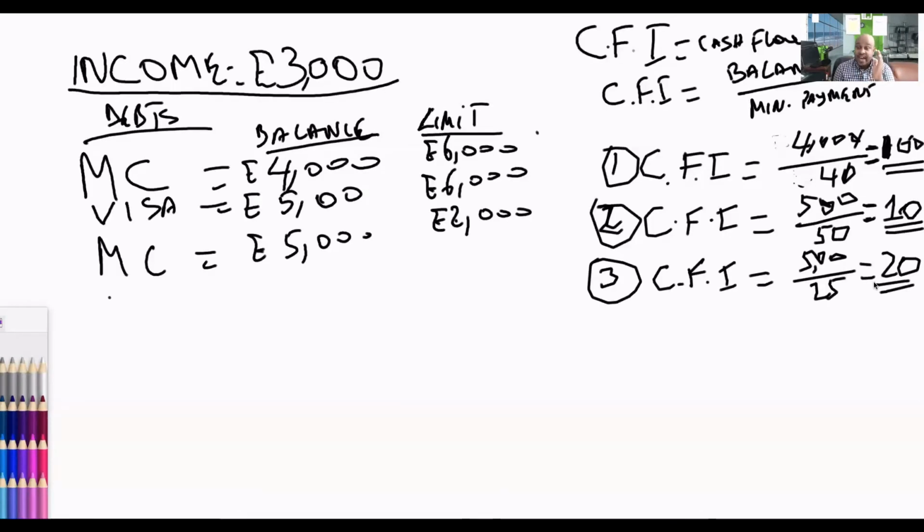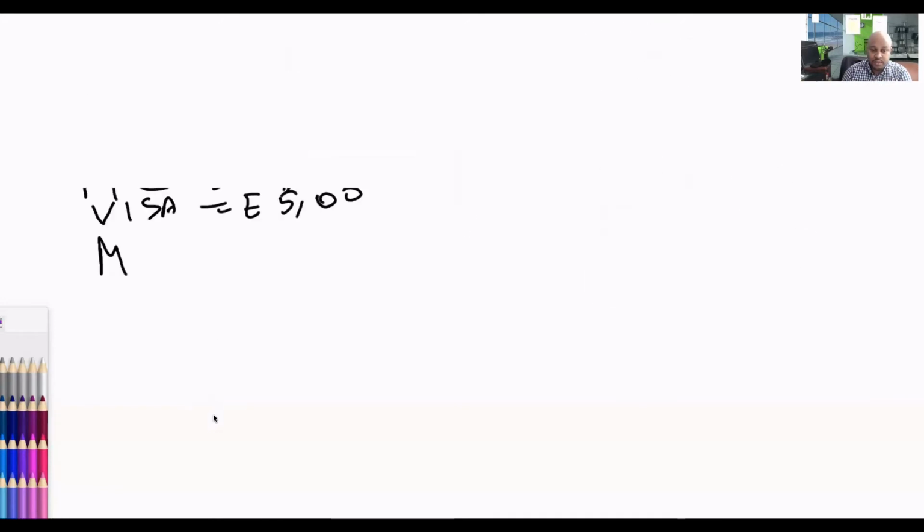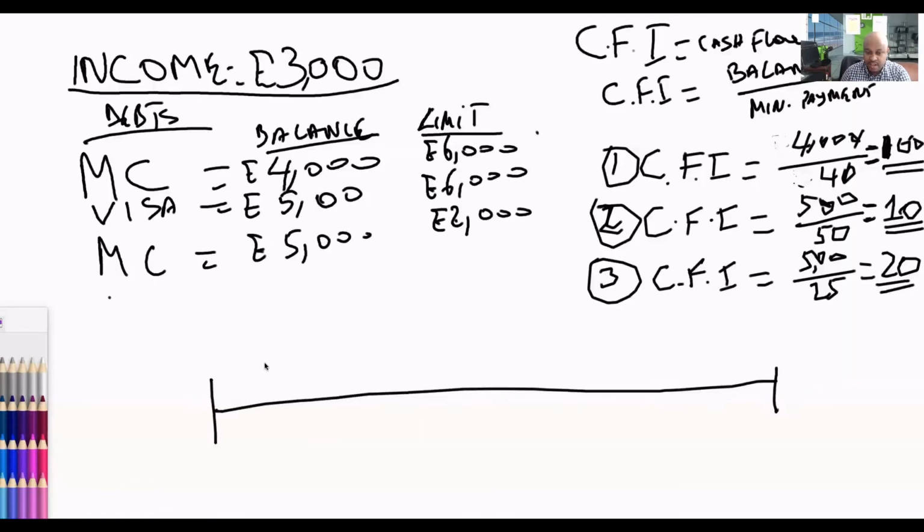So now the way these CFI numbers work, as I explained last time, let me just draw a little bit of a timeline, but this is not a timeline. Let's call it a debt line. Okay.